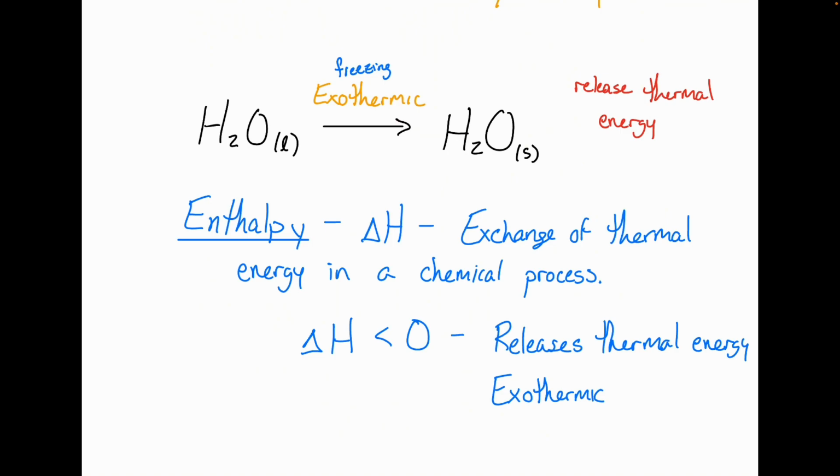All right, but then we can take that solid ice and put it into a warm environment where it then melts, going the opposite direction here. All right, this would be a process not that releases thermal energy, but absorbs thermal energy.